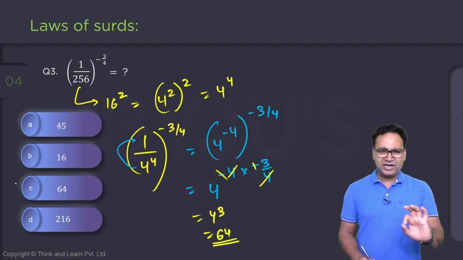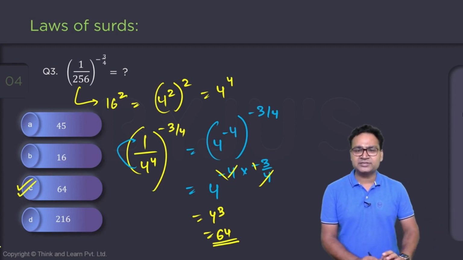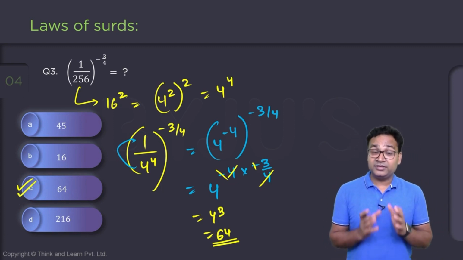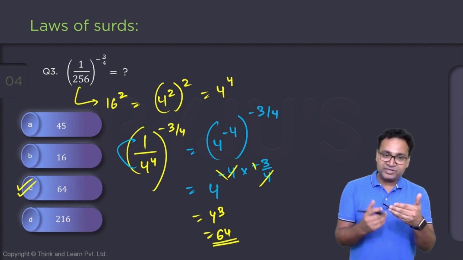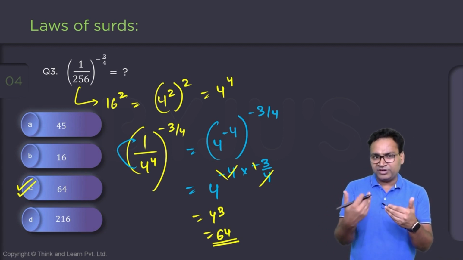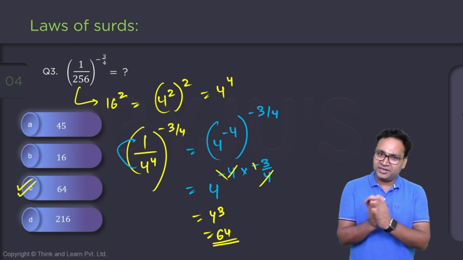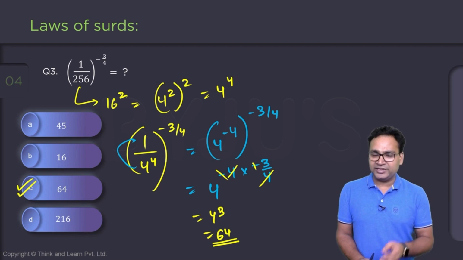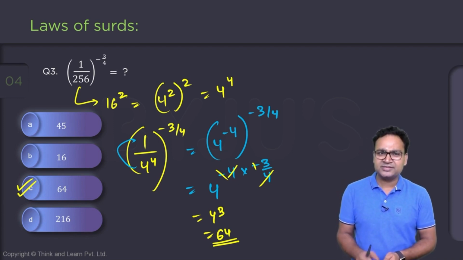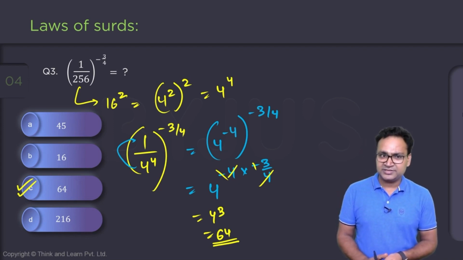I'm sure after looking at these three examples, you are very much aware of why learning powers is important and how to use these properties, these laws of surds and indices. Practice it from any NCERT book that contains this topic, indices and surds, from 7th or 8th class.